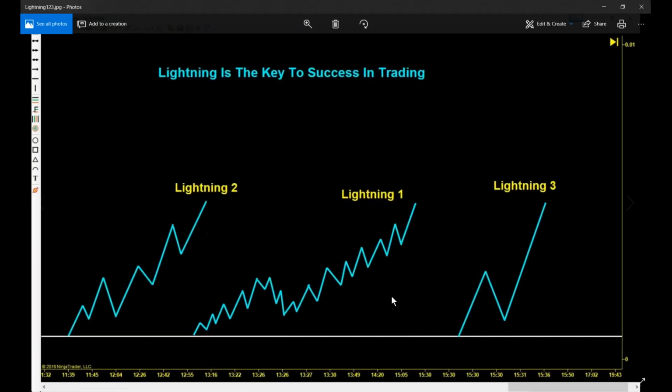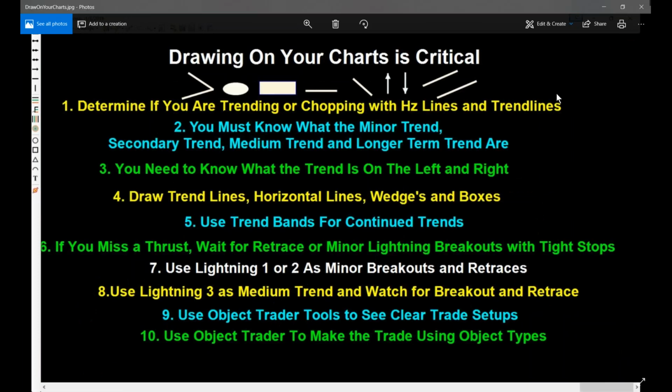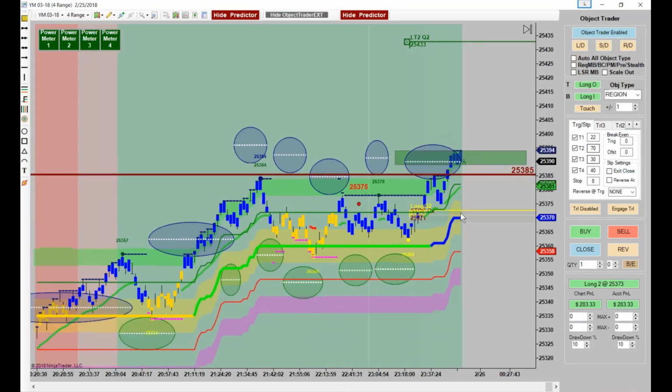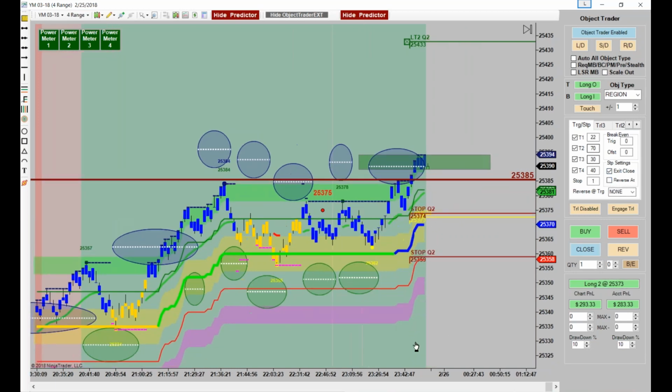But based on what I was just saying just a little bit ago, don't you think that we could move our stop to one of these little areas? Right? Just like I was teaching. So if you look at the chart, wouldn't the stop need to be right under here? And I usually like to use exit on close.